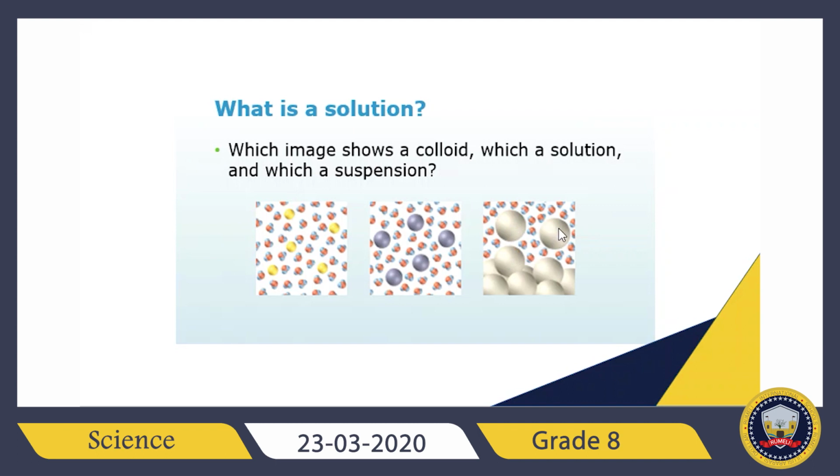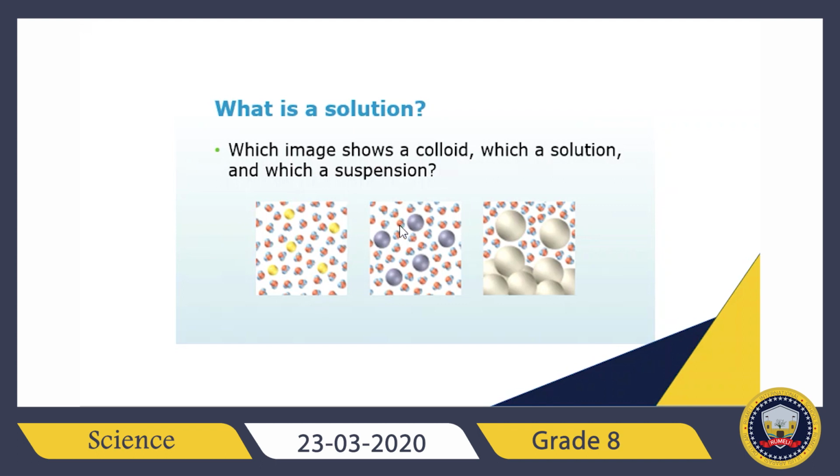Okay, so these are the main differences between these three types of mixtures. Again, in a solution the particles are small enough to be evenly distributed within the solution, so they will not settle out and will not be separated.